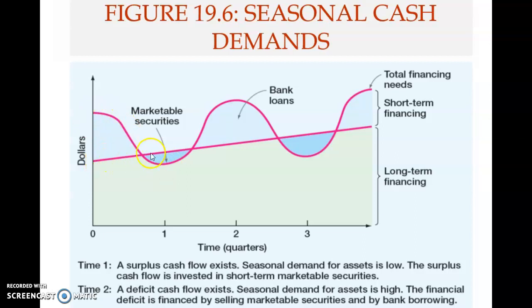So if you have this much of financing, this is the total long-term financing that you have, then when your asset needs go down, at this point, what you can do, this additional financing, you can convert this to marketable securities. And therefore, this light blue area will be marketable securities. So once the need for assets starts to increase, then these marketable securities can be converted to cash, so that this can be used to buy the assets that you need. Okay, rather than keeping it as cash, you can convert this to marketable securities.